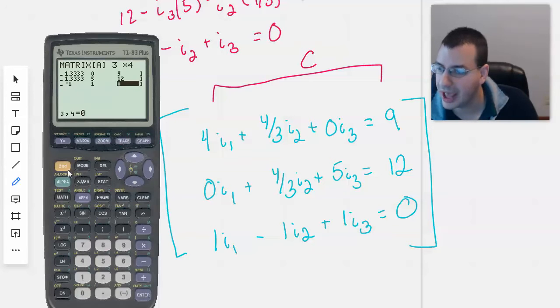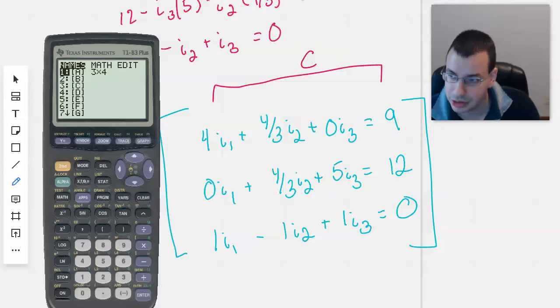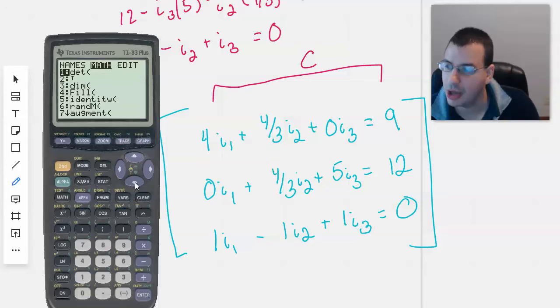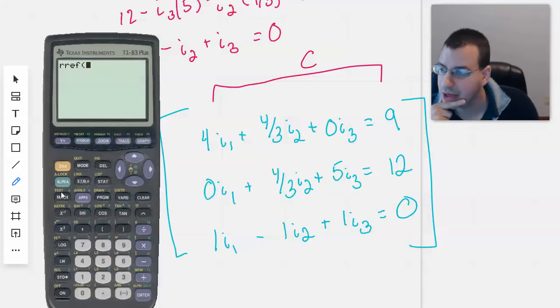Okay, so now we have our matrix. Second quit, second matrix, bam, matrix A is right there. We'll do some math on the matrix, and what we want is row reduced echelon form, RREF. We're going to do that on matrix A, and then I'll do a close parenthesis, probably not necessary.